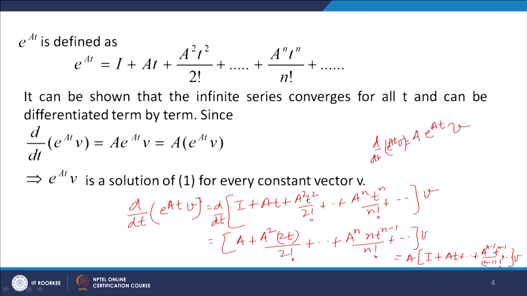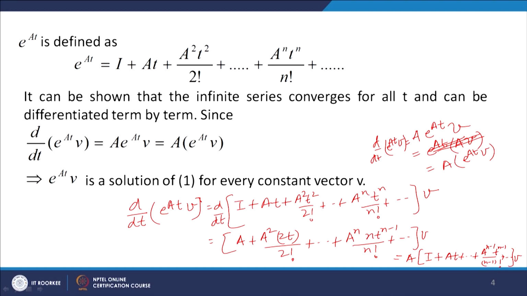So, d over dt of e to the power At into b is A times e to the power At into b.